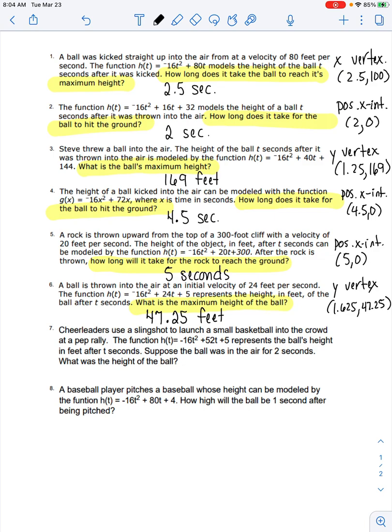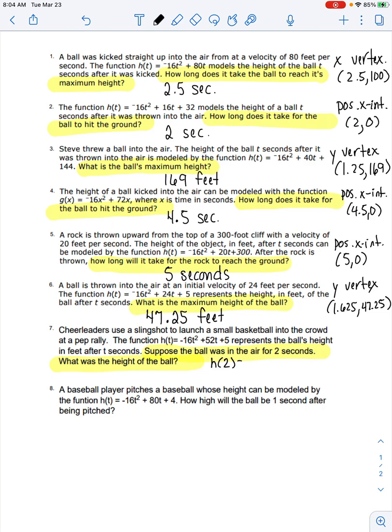Number 7, I'm going to skim and look for the question, which we could clearly go straight to. Suppose the ball was thrown in the air for 2 seconds. What was the height of the ball? Okay, so this is one where we're going to have to plug it in. It gives us the seconds, so that means t of 2.